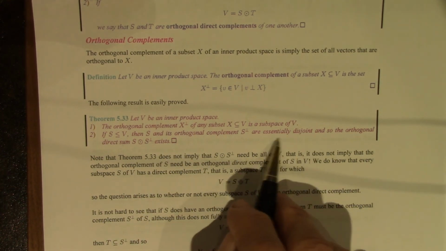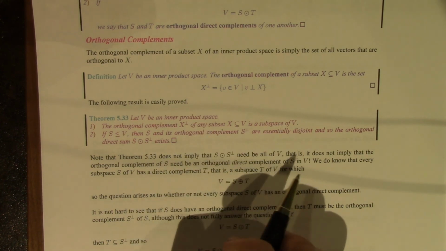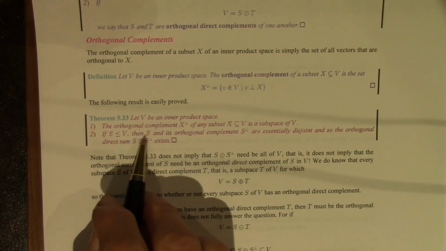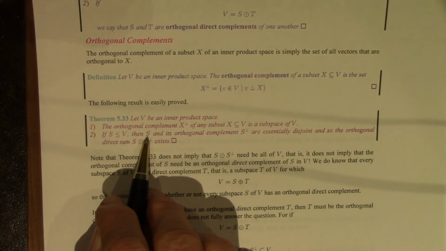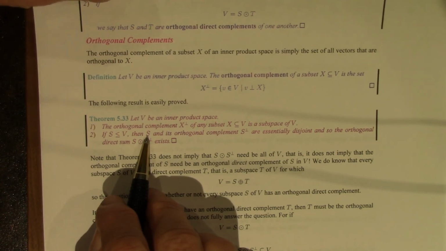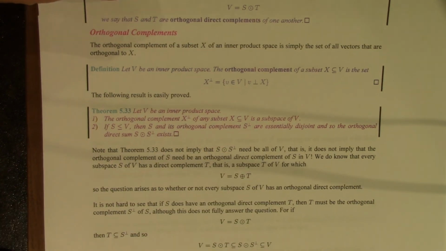To say that these are essentially disjoint means to say there is no non-zero vector that belongs to S and is also orthogonal to everything in S. And I don't want to give away any more of the proof.